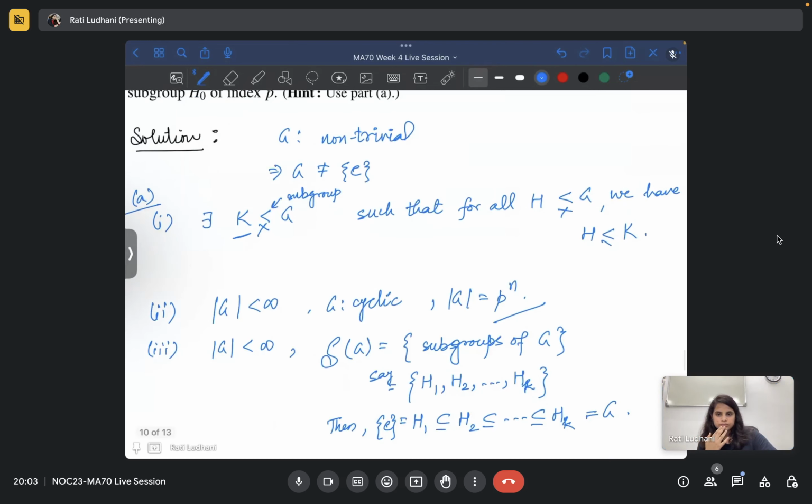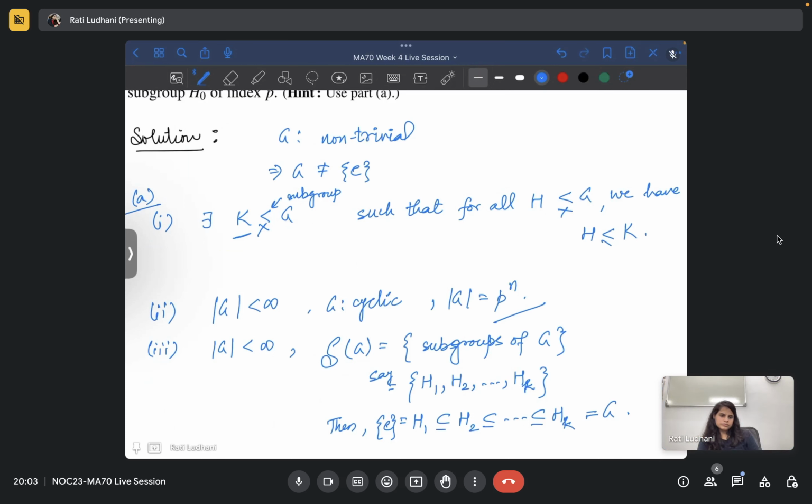You can also do third implies second, right? How? Because if there's a total ordering by inclusion, and all the subgroups have orders that divide one another, say H1 and H2 are there, and H1 is contained in H2, then the order of H1 has to divide the order of H2. It could be equal also.